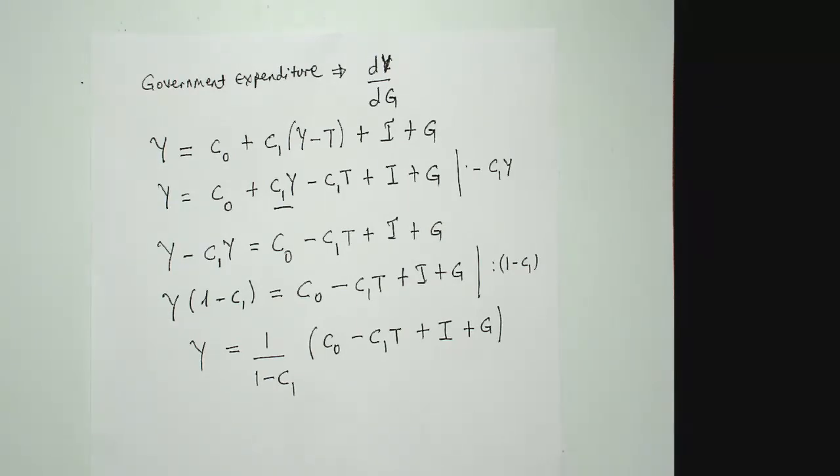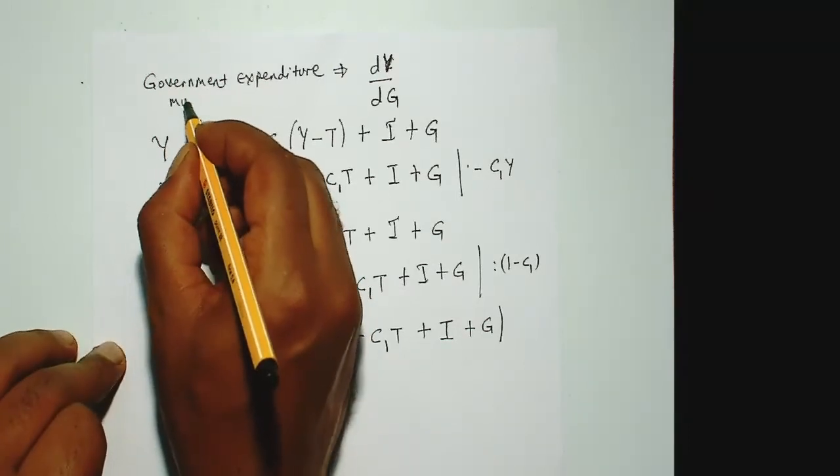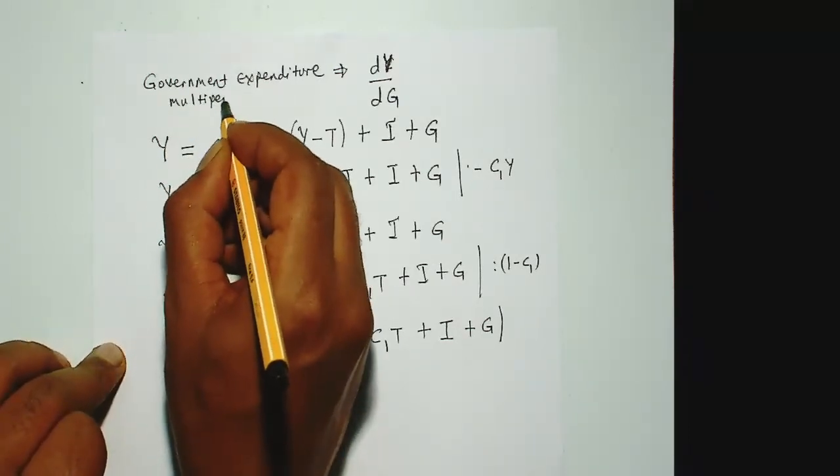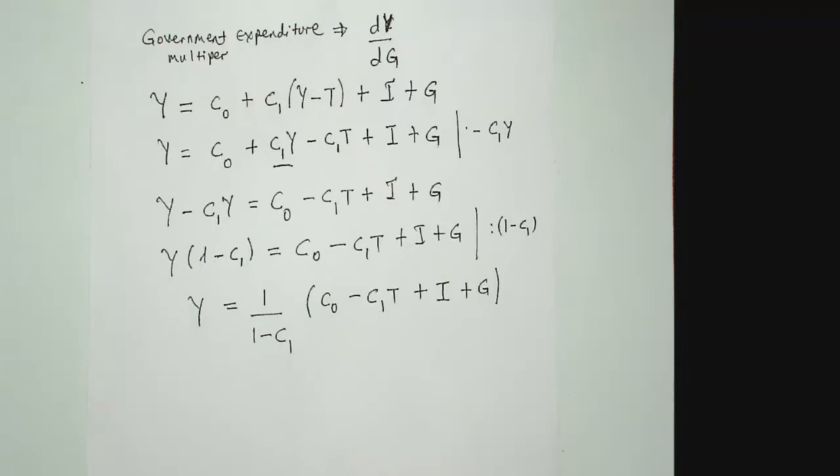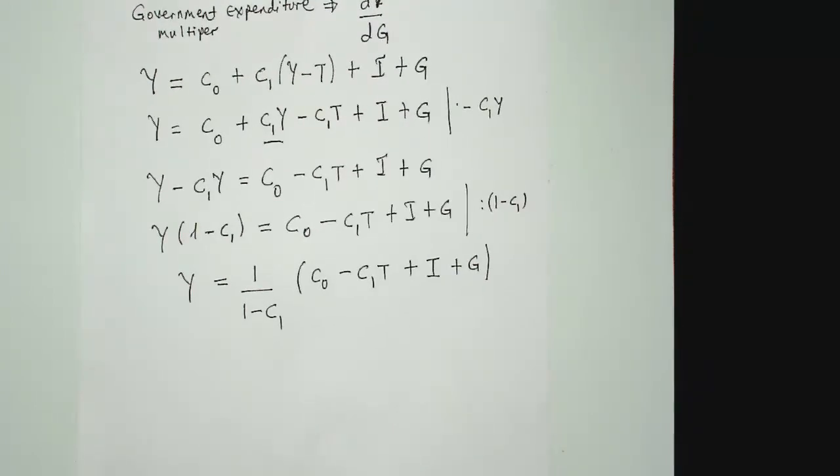We have already mentioned that to calculate the government expenditure multiplier, we want to use the formula dY over dG, and this can be simplified by using the total differential concept, which you may already know by now. If not, we would put some basic mathematics slides in the beginning, and you would be able to familiarize yourself with the total differential concept from there.